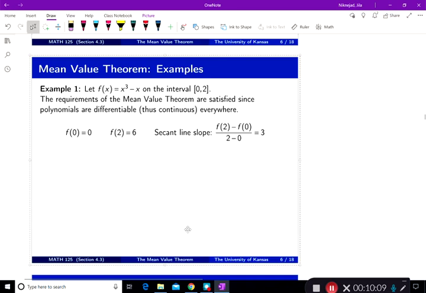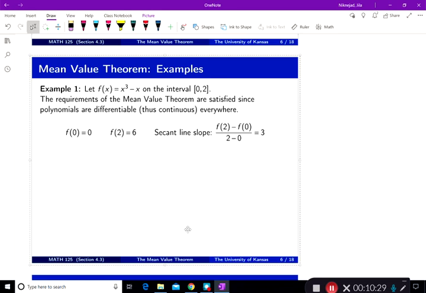The slope of the secant line between the two endpoints is f of 2 minus f of 0 over 2 minus 0. f of 2 is 8 minus 2, which is 6. f of 0 is 0. 6 divided by 2 makes 3.